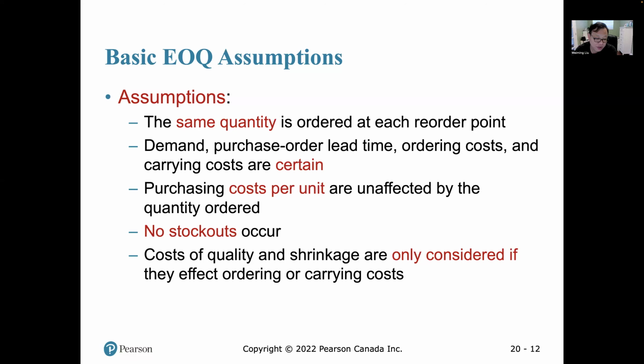No stockouts occur. Because the demand is certain, you already know how much you will sell, so there's no surprise. It's not like sales go up and I'm running out of inventory, so that won't happen.